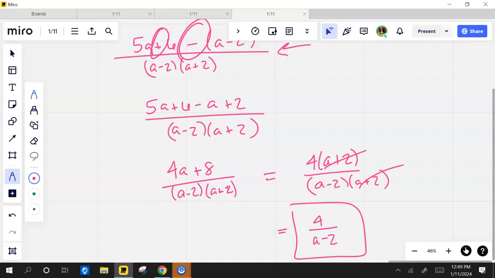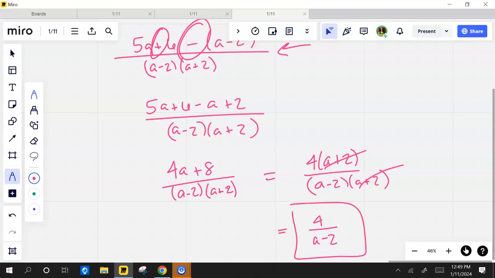I have to get it to where it's just a multiplication problem. Whenever I pulled that 4 out, there was an A plus 2 on the top and bottom. Because at this point, all my pluses or minuses happen inside parentheses, which means I can start to strike things out if I need to. Does that make sense?